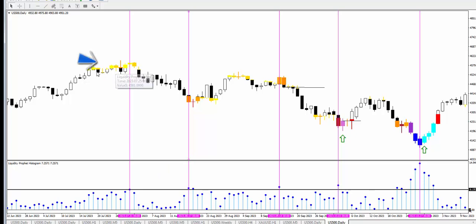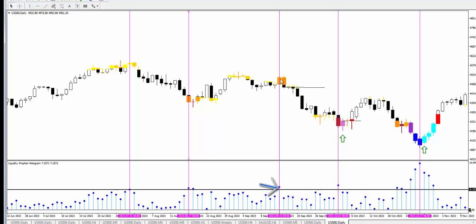So you can see as we came up into this top here, we had the Liquidity Profit Map showing us that the liquidity was increasing, but the histogram only gave us a reliable signal at this point here. Now this one, again, colored candles, one bar later, we went up. This actually caught this little top here, but I wouldn't have actually taken that trade because we wanted liquidity on the histogram to go above this level.